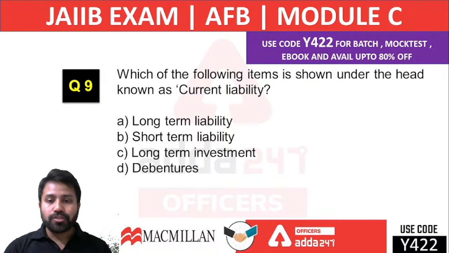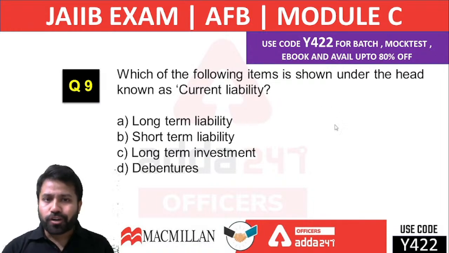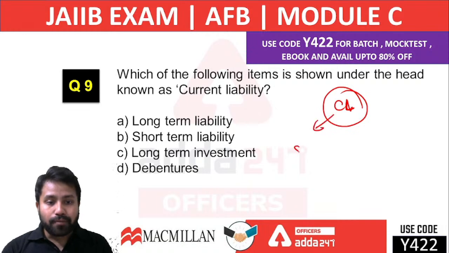Now the next question is: which of the following items is shown under the head known as current liability? Whenever we talk about current liability, it is understood as short-term obligations, or short-term liabilities, right?